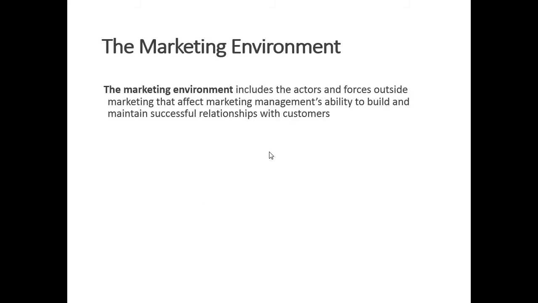But as an overall description, what do we mean by the marketing environment? Actors and forces outside marketing that affect marketing management's ability to build and maintain successful relationships with customers. Essentially, all that really means is that all the things that happen, some of them are controllable, some of them are uncontrollable.